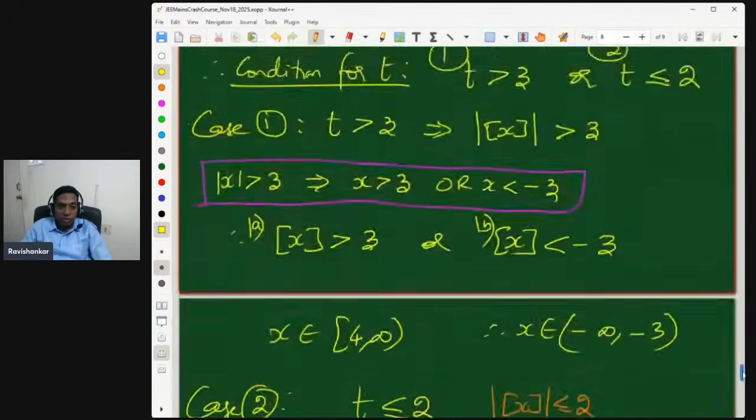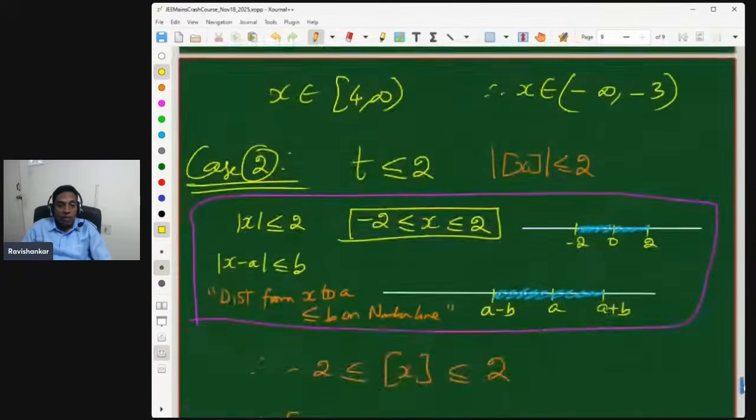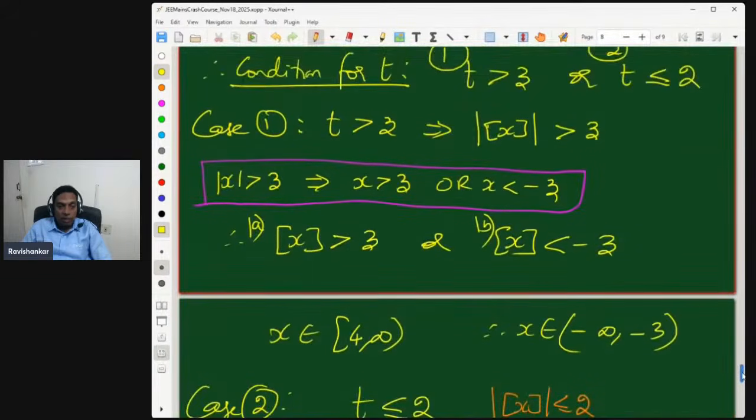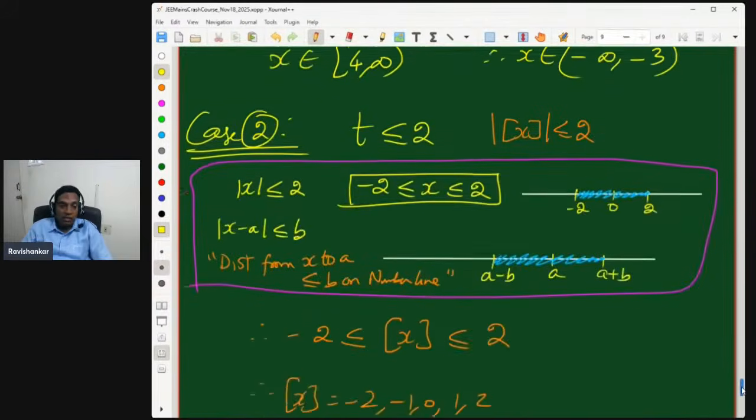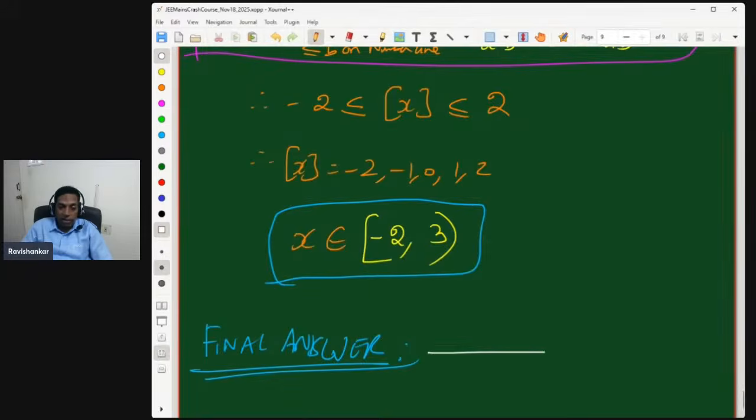Okay, x belongs to what did we see? Minus infinity comma minus 3. So on the number line, minus infinity to minus 3. So x belongs to this is one possibility.